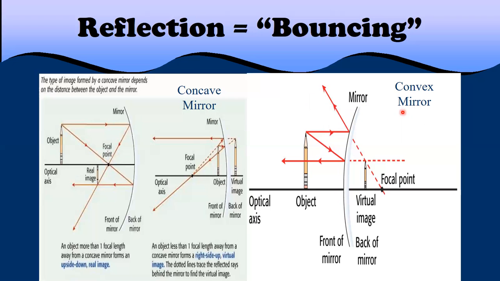Now if you look through it, the reflection is going to be a lot smaller, but you're going to see the exact thing that you see, and it's going to be right side up. So just remember the difference between concave and convex, and you'll be fine when we talk about mirrors.